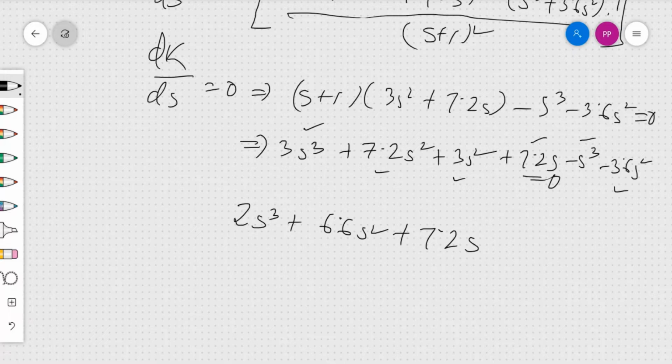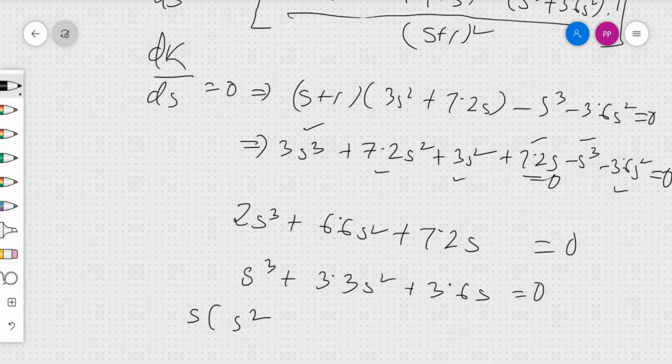So all are considered equal to 0. So take the 2 common, it becomes s cube plus 3.3s square plus 3.6s equal to 0. So from here you can take s common and the quadratic you can solve easily, s square plus 3.3s plus 3.6 equal to 0.